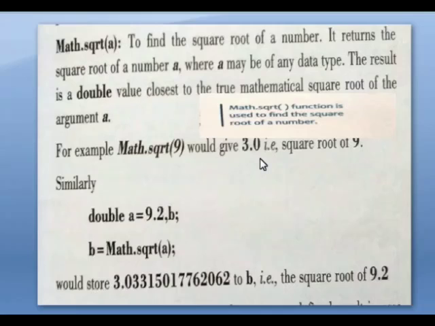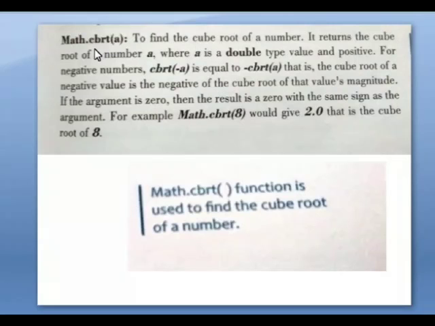Okay. So the next is Math.cbrt, the cube root. Cube root means 3 times. To find the cube root of a number, it returns the cube root of a number a. For negative numbers, cbrt of minus a is equal to minus cbrt of a.